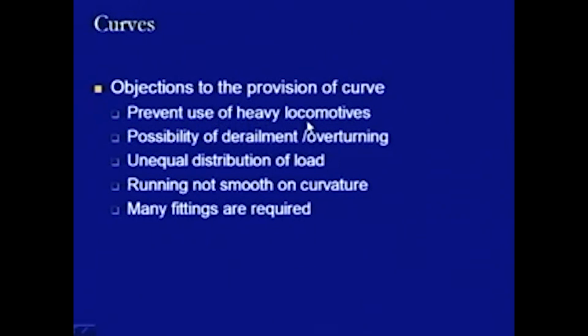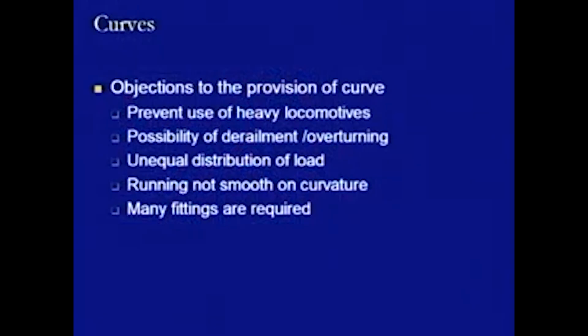The reason behind is that if there is a sharp curve being provided, then the heavy locomotives have a difficulty to negotiate those sharp curves because of the rigid base of the locomotives, because they are bigger in size, and because of their bigger size there is a lesser flexibility in making an operation on any such type of a curve. Another problem which can be associated here is the possibility of derailment or overturning.